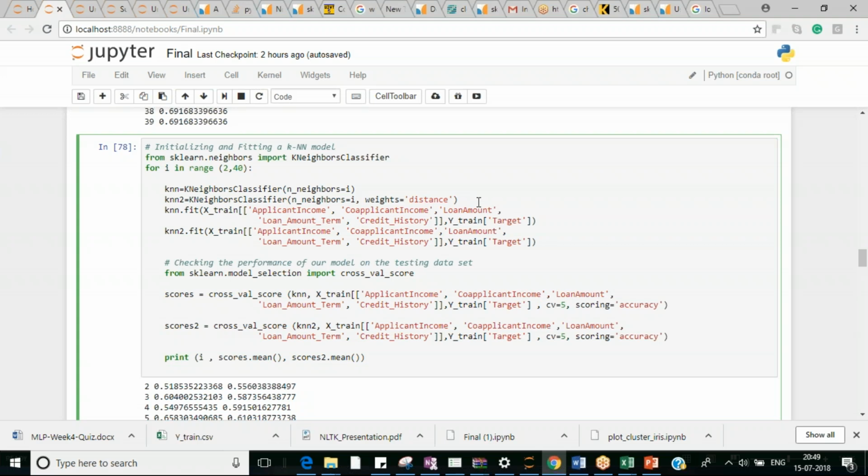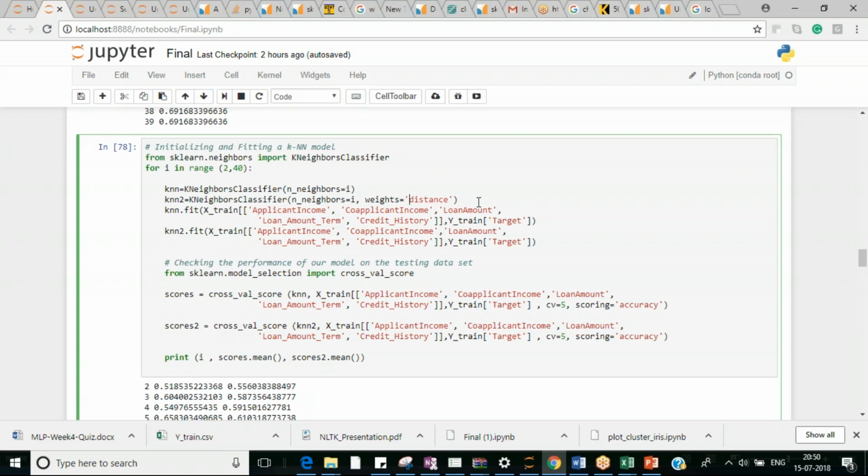When I took k nearest neighbor equal to 5, and I had 5 data points, I gave equal weightage and took the majority vote of equals. But when I have k equal to 5 and I take the majority vote according to the distance, for example, if the first one has voted yes, and the second one has also voted yes, although the fourth and fifth had voted no, I'll still take yes as the answer, because the first two are much closer to me.